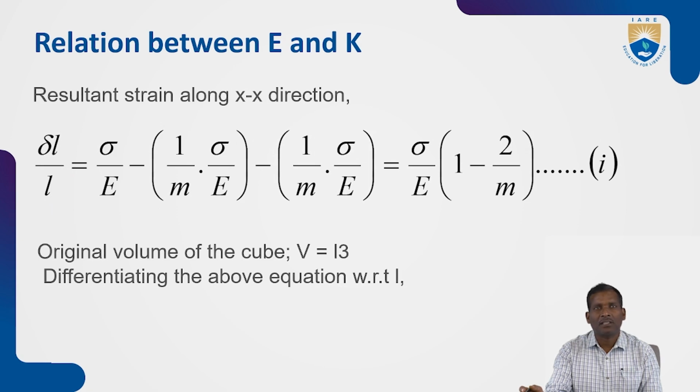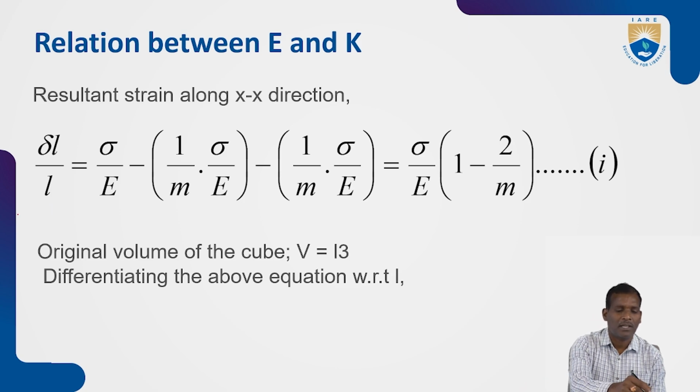So the resultant strain along the XX direction. Here the resultant strain is the change in length upon original length.